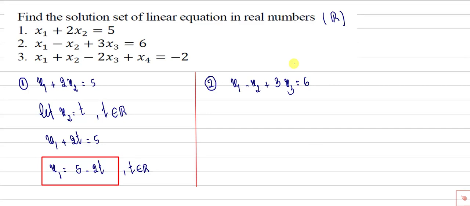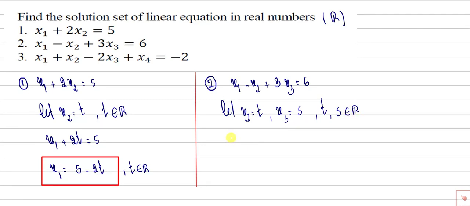If we want to find the solution of this equation, we should know the values of two unknowns. So first we let x2 equal to t and x3 equal to s, where t and s belong to the real numbers.